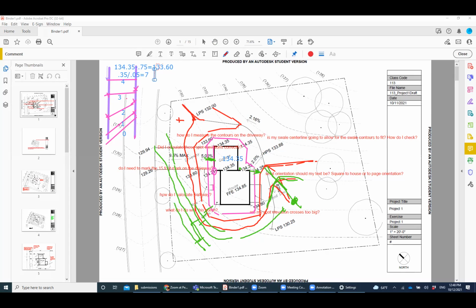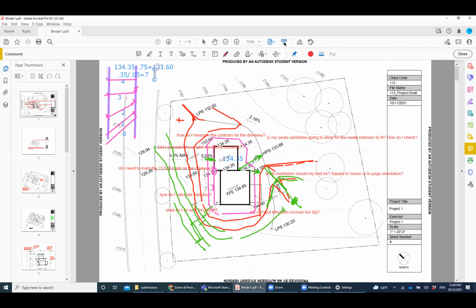So that corner should be okay. But this is the corner that's hard to drain, so we want to make sure that is 2%. Does that make sense? Yeah, so if this is to be 2%, let's measure it.